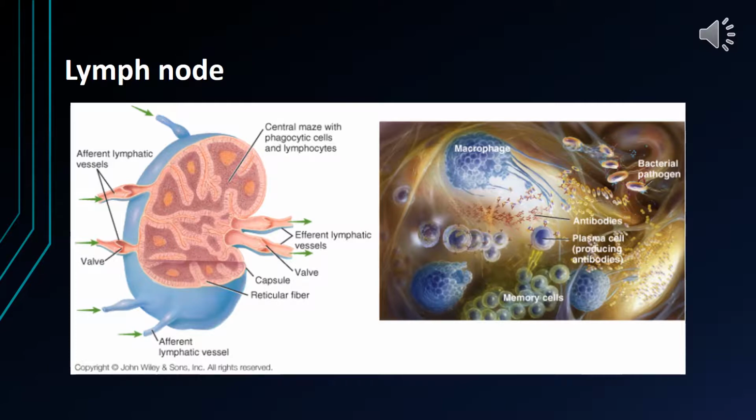And then there are some bacterial pathogens shown, which I suppose could be within the lymphatic vessel, but I think here we're mostly just showing how the cells that are found in the lymph node might fight a pathogen.